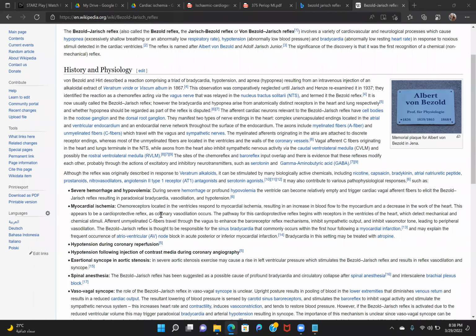Yes, it occurs in hypovolemia as well, because there is an opposite reflex to it. If there is an increase in ventricular stretch, the heart rate increases. What is that reflex? The Bainbridge reflex. So it is actually opposite to the Bainbridge reflex.